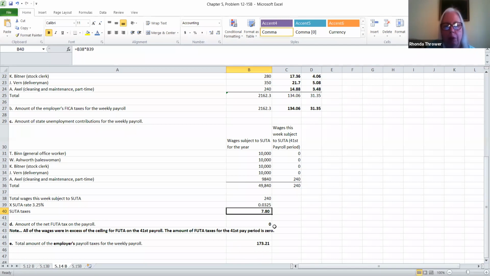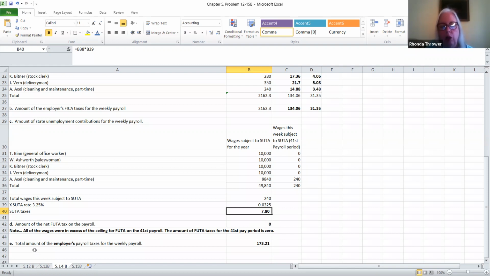So therefore, the amount that's owed to FUTA on the 41st pay period is 0. All of the wages were in excess of the ceiling for FUTA on the 41st payroll. The amount of FUTA taxes for the 41st pay period is going to be 0.